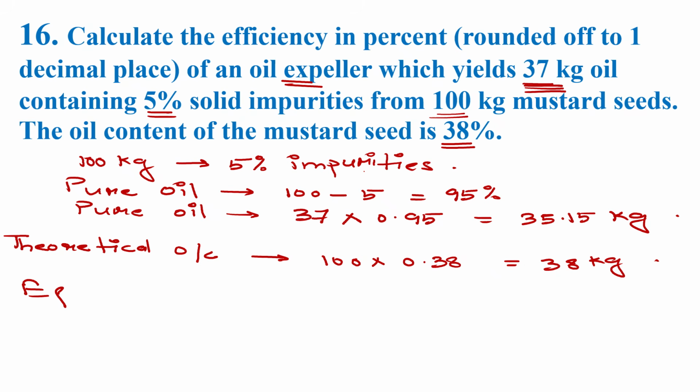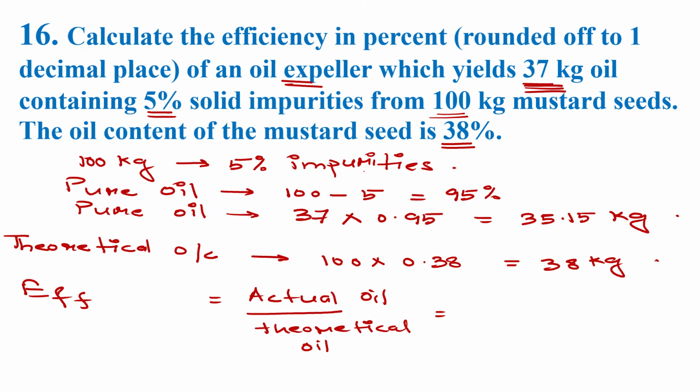It is the actual oil obtained divided by the theoretical oil content. Actually we have 35.15 kg, theoretically we have 38. Just divide it, and we get approximately 92.5%. So the efficiency of the oil expeller is 92.5%. This is my answer.